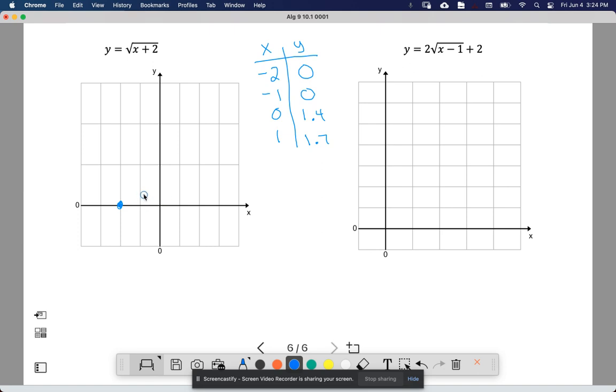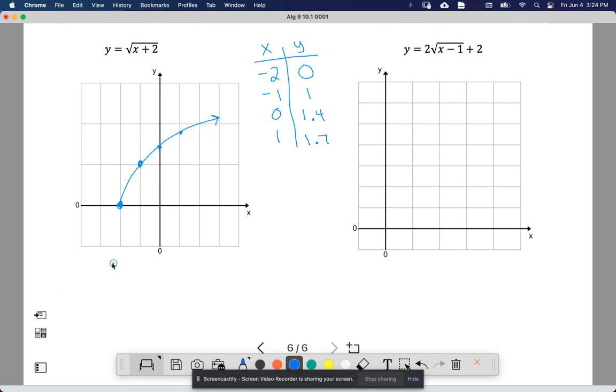Oops, I made a little mental mistake here. That should have been 1, not 0. Sorry about that. When we put a -1 in here, we get 1 left over, so the square root of 1 is 1. So -1 is at 1, 0 is 1.4, and then 1.7.